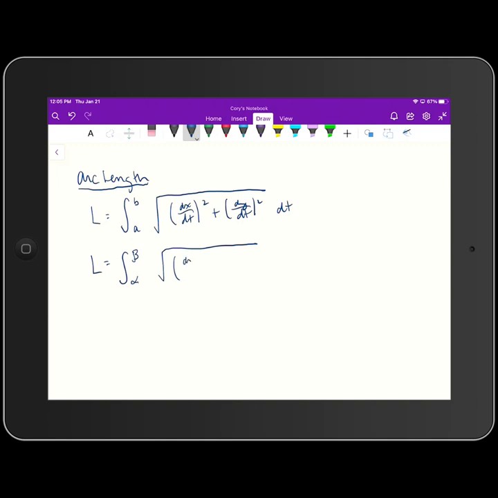So that's going to make the arc length formula the integral of the square root of dx over d theta quantity squared plus dy over d theta quantity squared, which we are integrating with respect to theta. Now, this is technically not the formula that we're going to use for arc length for a polar curve. Okay, we're going to talk about how we derive that formula from this formula that we have right here.